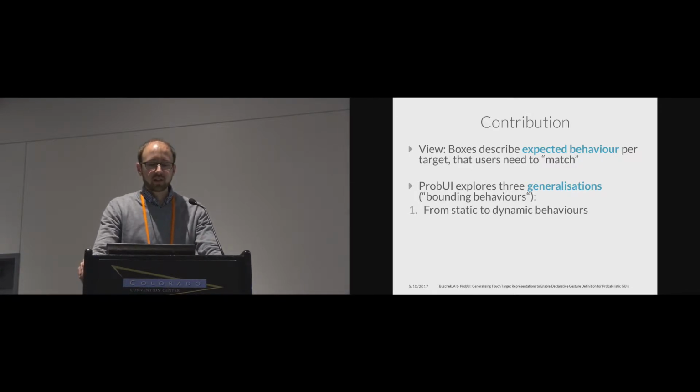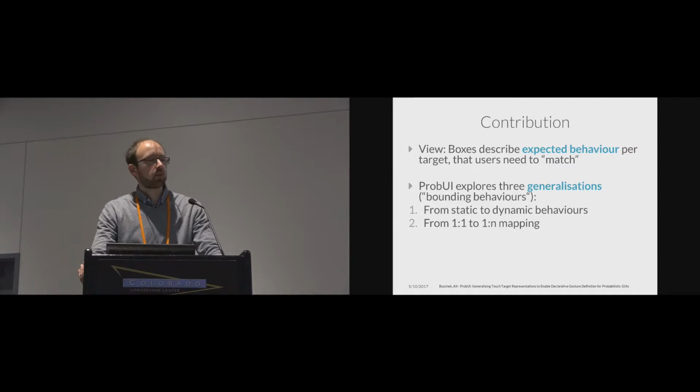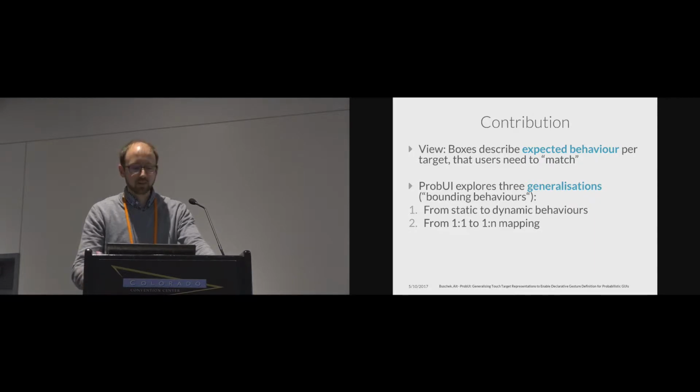So the first generalization is that we want to account for these dynamic behaviors that we've seen on the previous slide. We also want to break this one-to-one mapping, so the framework will allow us to specify more than one way of activating the same interface element, and we will see some benefits of that later.